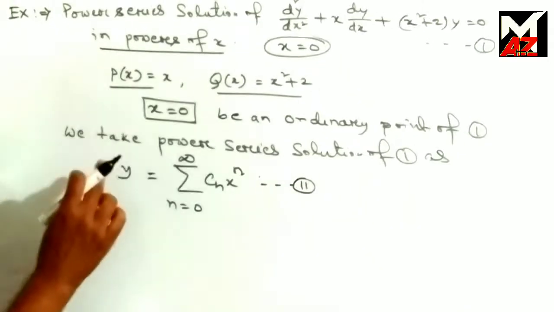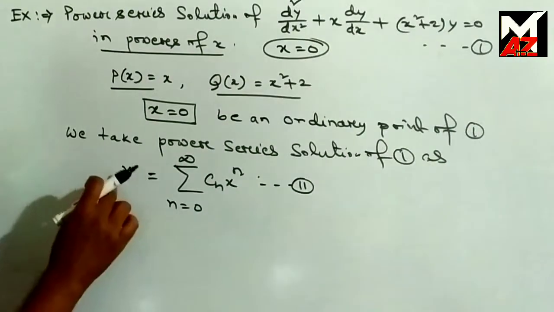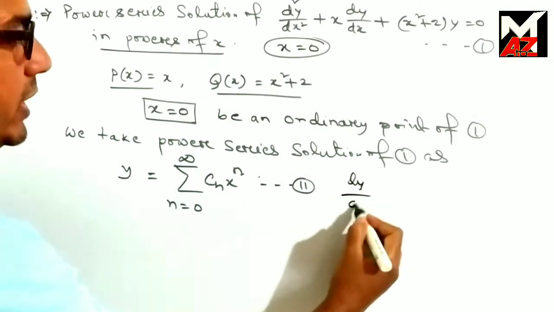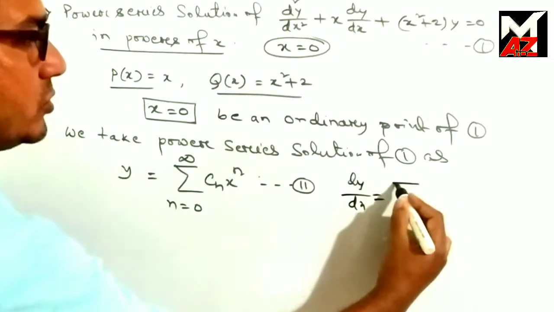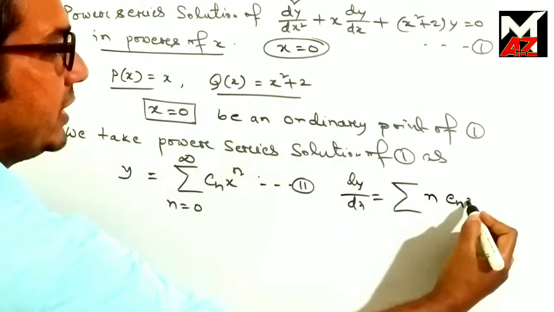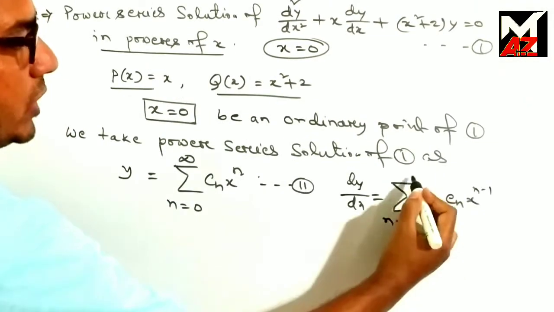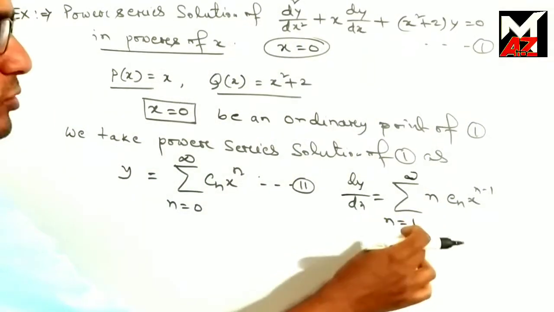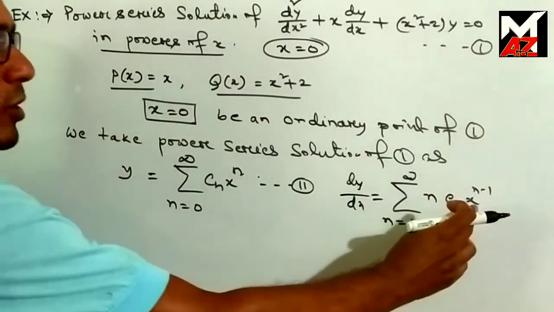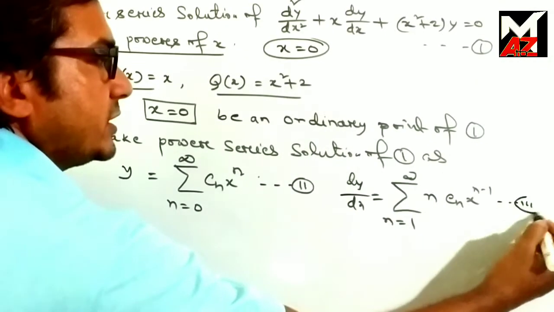Now we have to find dy dx and d2y by dx2 and put them in this equation. So dy dx is equal to summation n cn x to the power n minus 1, and here the range is n equal to 1 to infinity, because if n equal to 0 then this is not in power series because the power of x is negative, and this is 3.